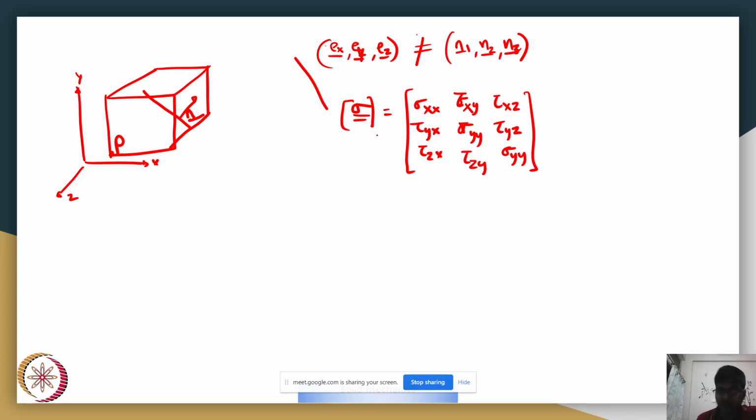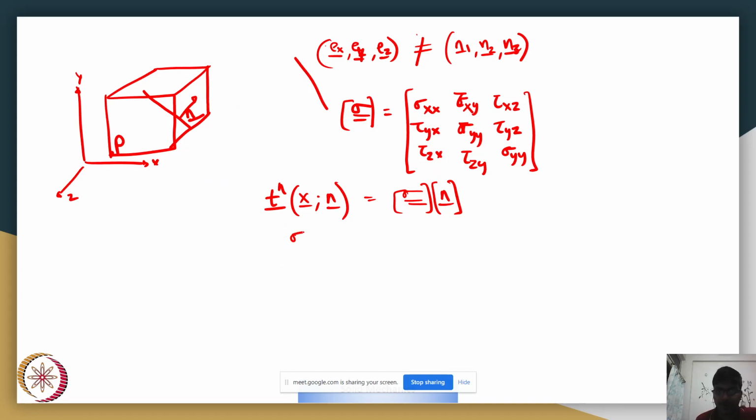If the state of stress, which is the stress tensor, is known at any given point P, and we want to find the traction T on a given plane with normal n, then we'll simply do this, right? T is equal to sigma times n. So that should get you the traction.